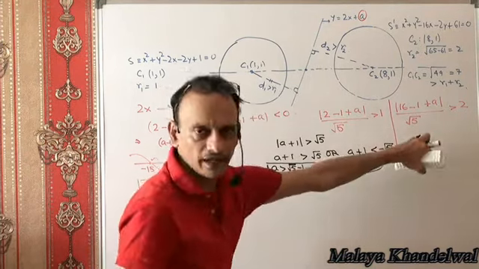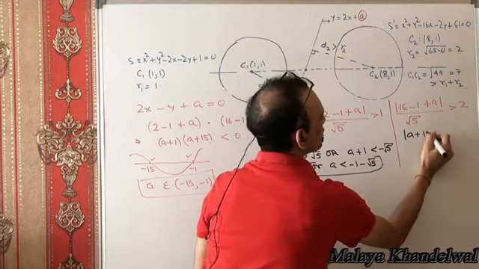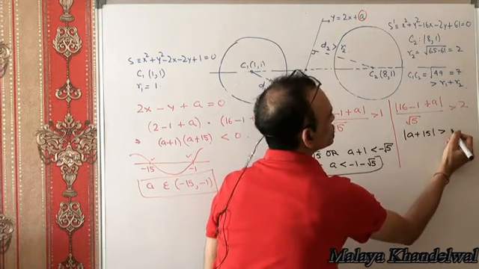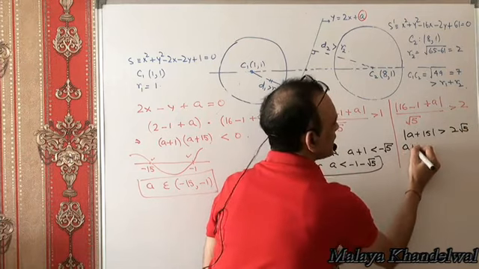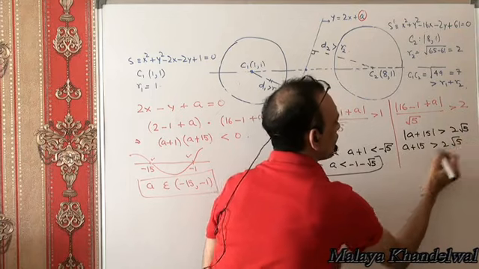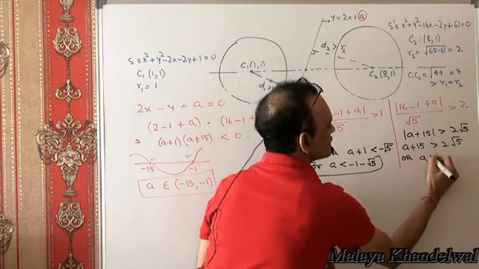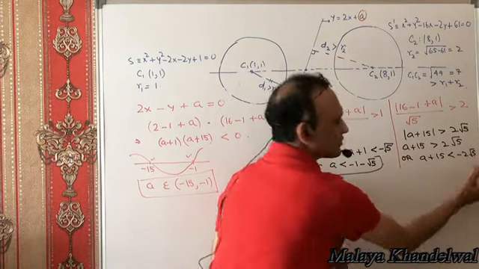Two. Look at this. Mod of a plus 15 greater than 2 root 5, which will give me two conditions: a plus 15 greater than 2 root 5, or a plus 15 less than minus 2 root 5, right?